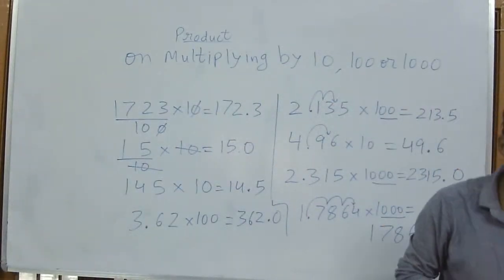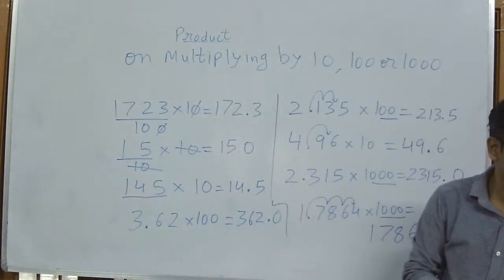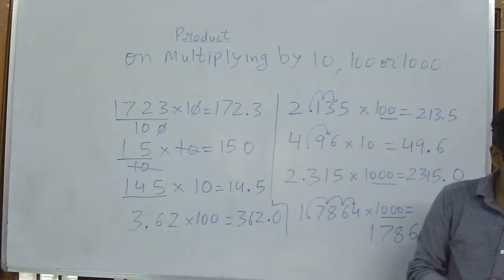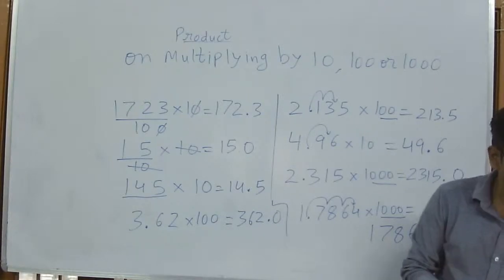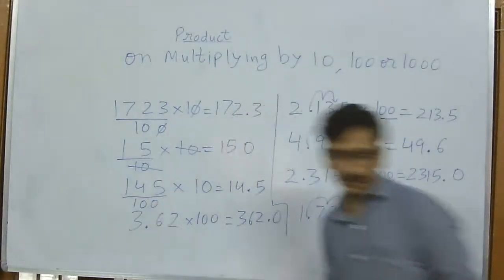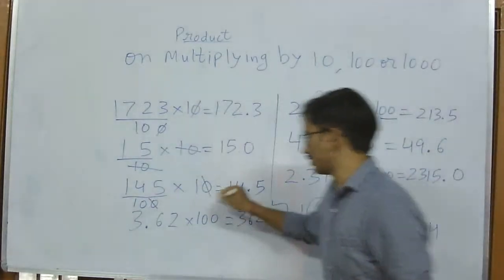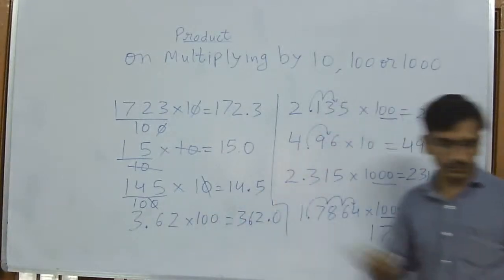What is the fraction form? 145 by 100. So only one zero will cut, देखिए 1 0 है, that's why it is 14.5.